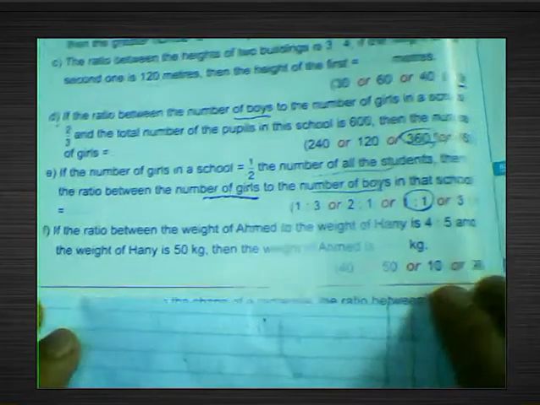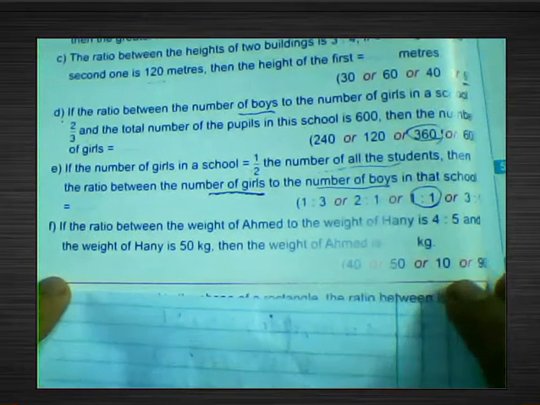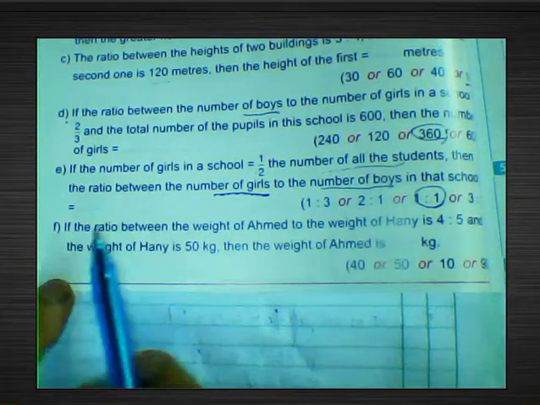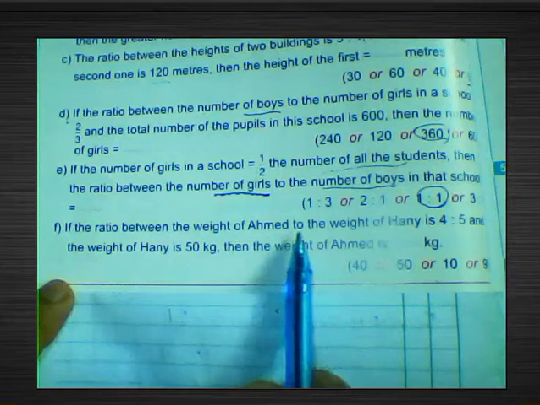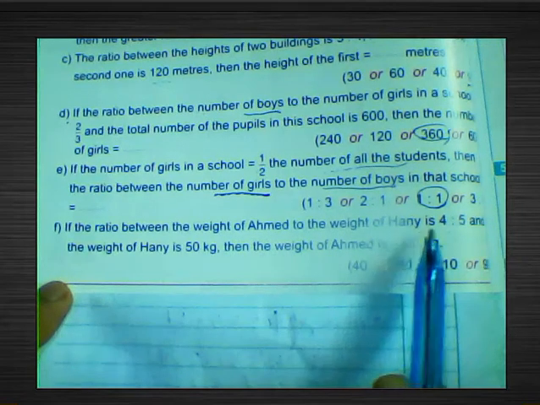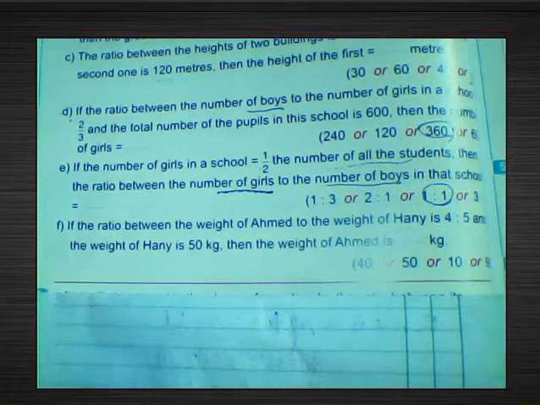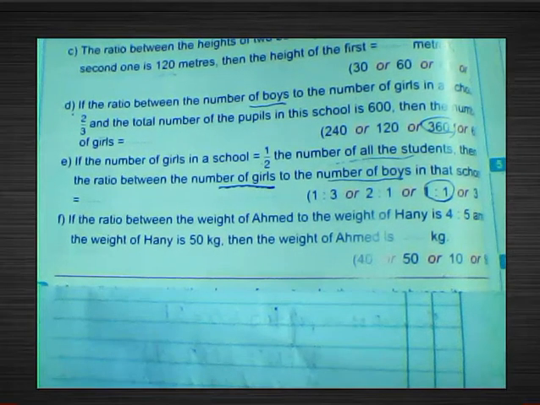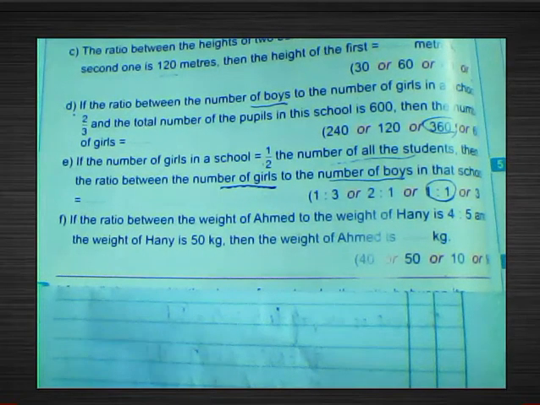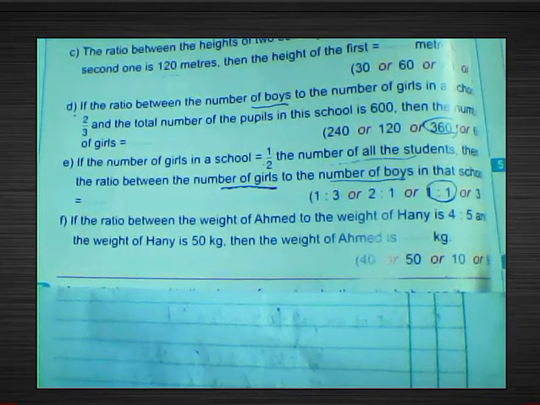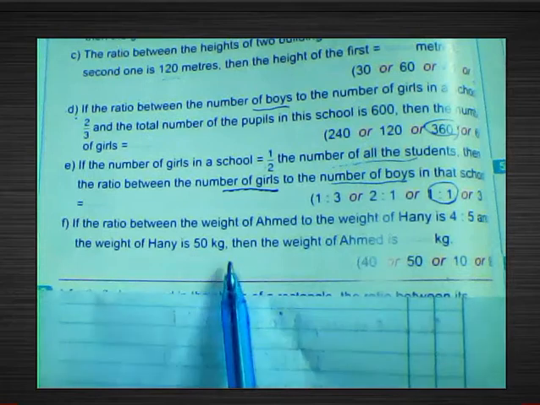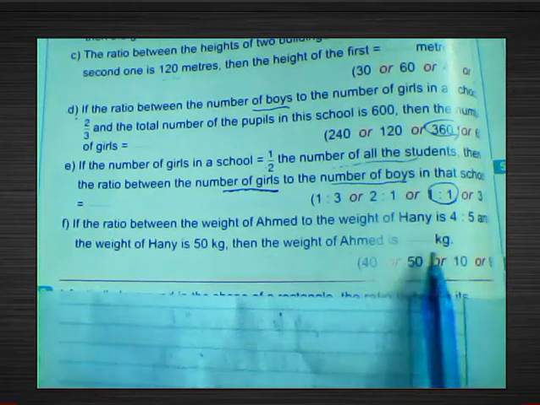Question F. If the ratio between the weight of Ahmed to the weight of Hani is 4 to 5, and the weight of Hani is 50 kilograms, then the weight of Ahmed is blank kilograms.